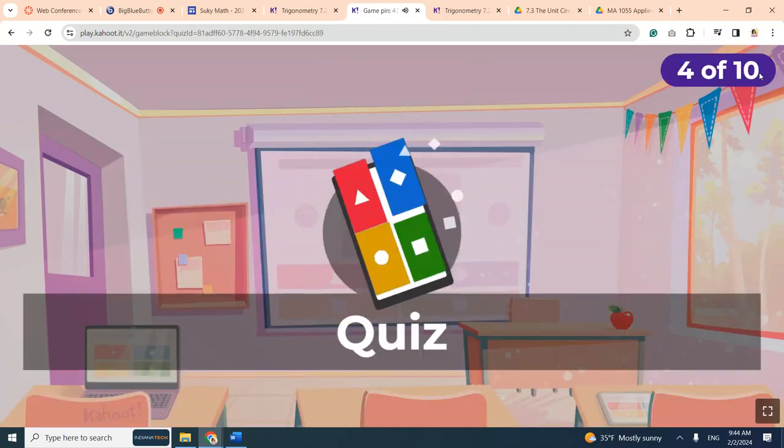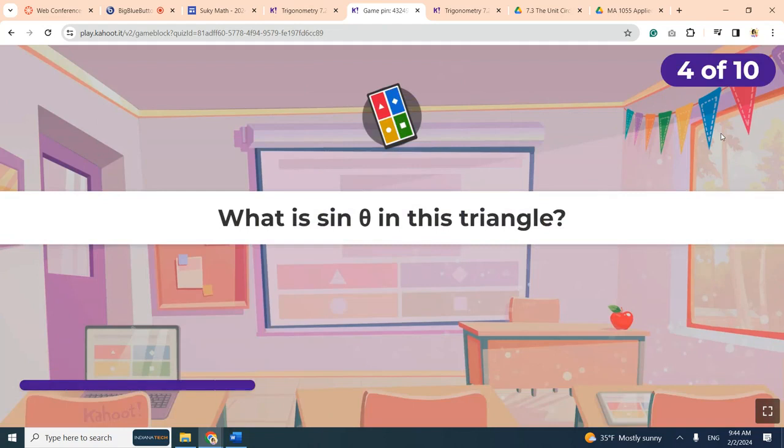Right. Next. What is sine theta in this triangle?